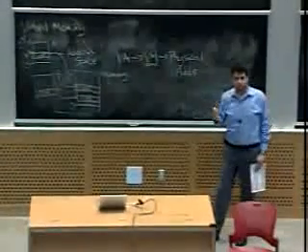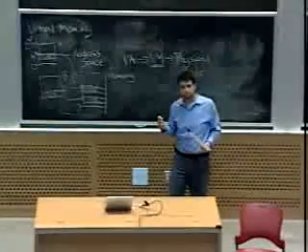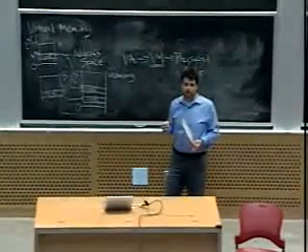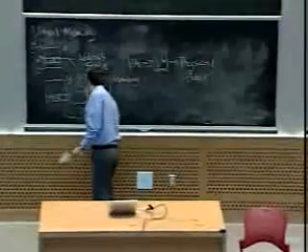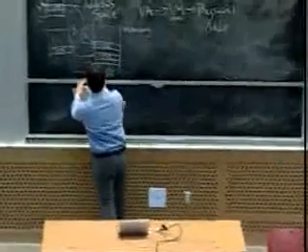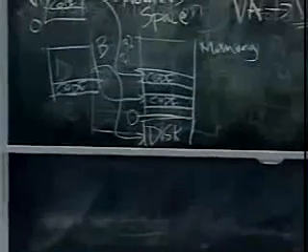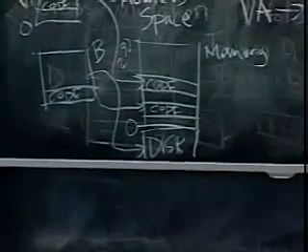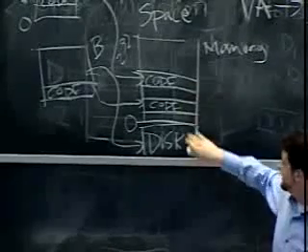So in 6004, virtual memory was presented as a way to create a computer that appeared to have more physical memory than it in fact did. And the way that was done was to map some of these addresses onto disk. So you might have addresses from B mapped onto disk, and then when B tries to reference an address that's mapped onto disk, the system would load that data from disk into memory.